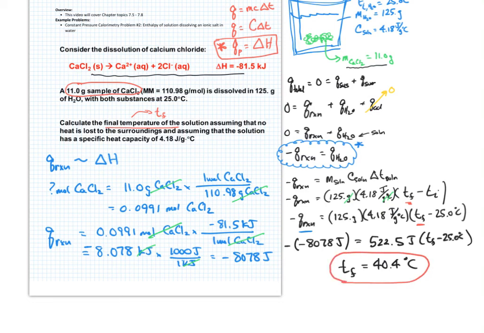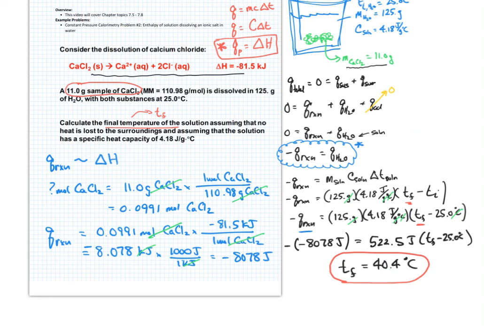The units should all cancel. The degrees C here would have canceled with the degrees C. The grams would have canceled with the grams. You would have been left with joules on this side, and our final answer is going to be in degrees C. Does make sense also. We start at 25. We know this is exothermic, so the temperature should go up. So the temperature would go up to 40 degrees Fahrenheit.